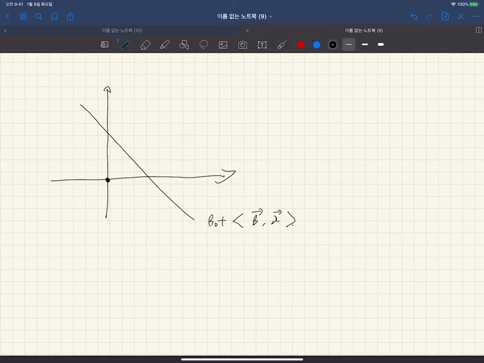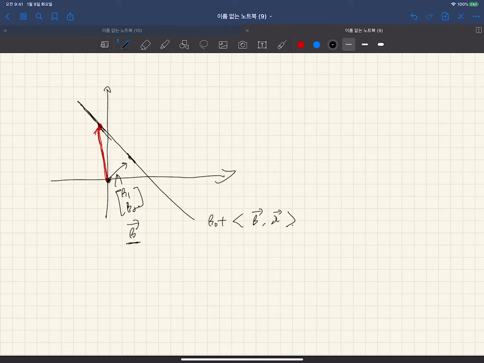When you take any point here and take the vector from the origin to this point, there is an orthogonal vector onto this line, beta 1, beta 2, right? The beta vector is orthogonal to this hyperplane, which I explained. So the inner product between this red vector and the beta vector can tell you the distance between the origin point and the hyperplane.